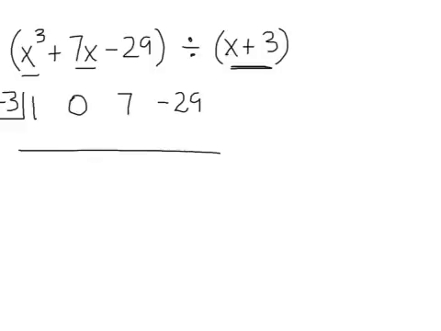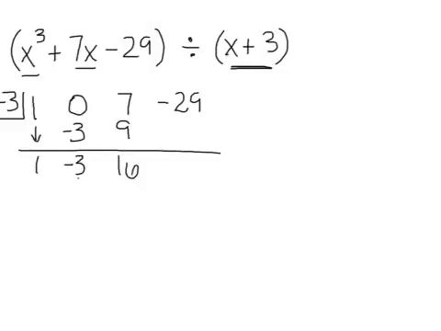Okay, to start, we bring down that first number straight down below the line. It's 1. We take that 1 times -3. It is -3. 0 plus negative 3 gives us negative 3. We're going to multiply this negative 3 times the negative 3 in the box to get positive 9. 7 plus 9, 16.